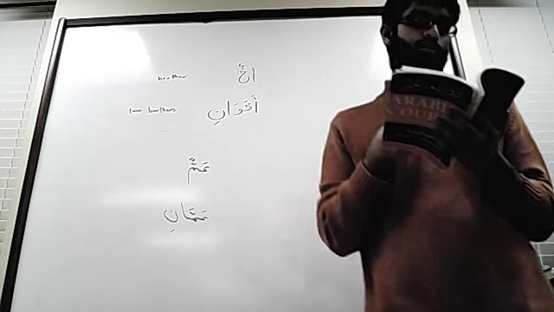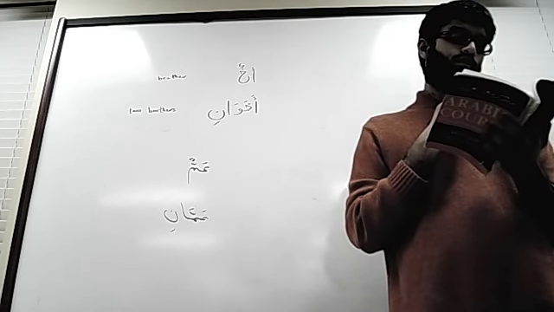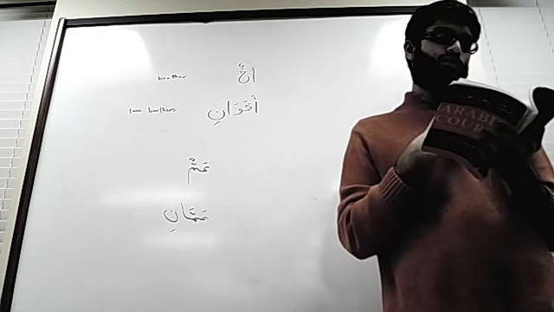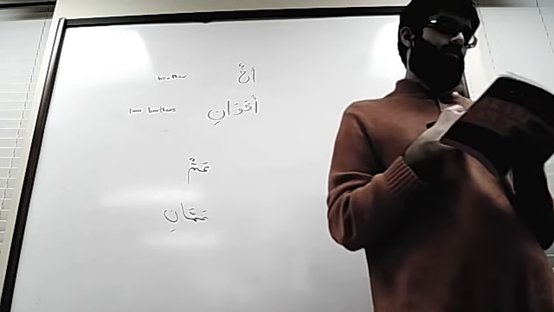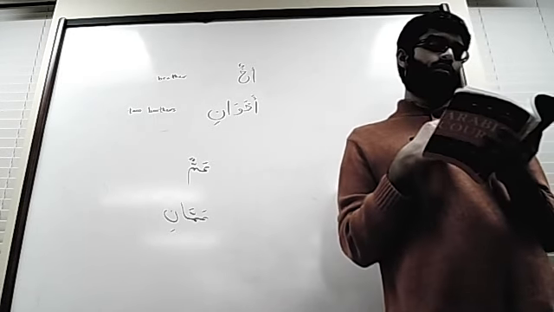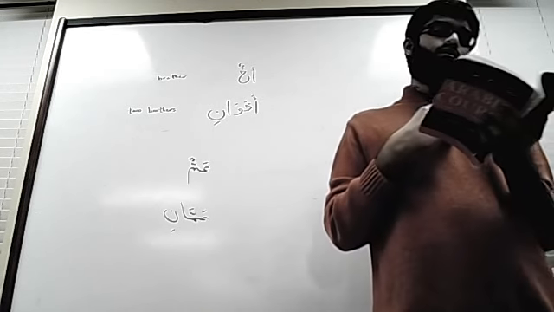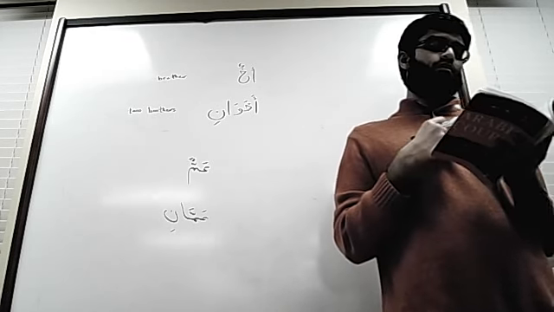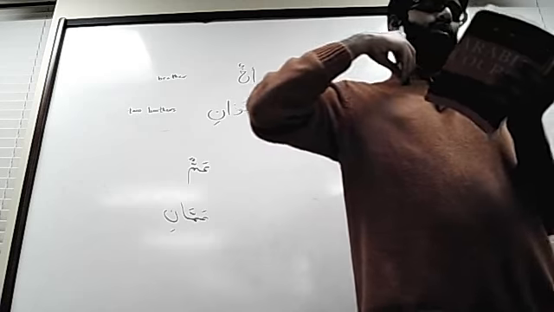Brother Anwar, next one. كم طالبان جديدا في فصلكم؟ Okay, what does that mean? How many new students in the class? Faslikum is your class, right? So how do you say in our classroom two new students?